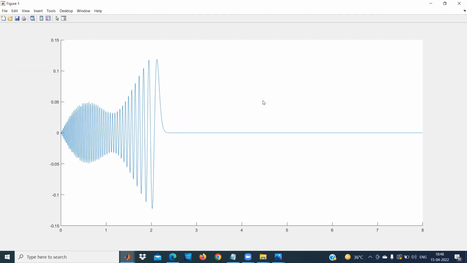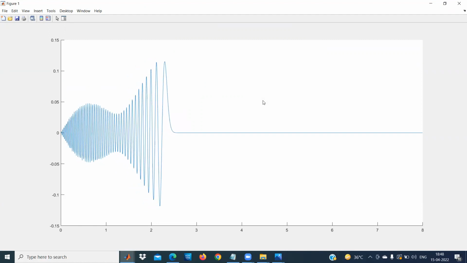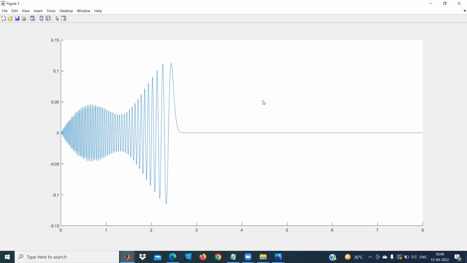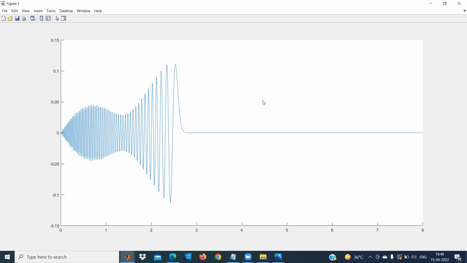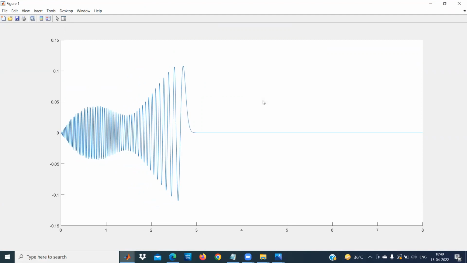You can see that initially the amplitude was 0.5 at the 3 node, but it is not giving the right answer, right?